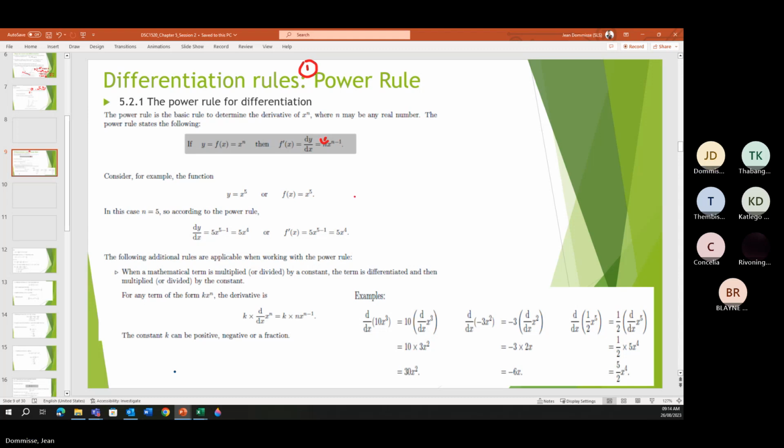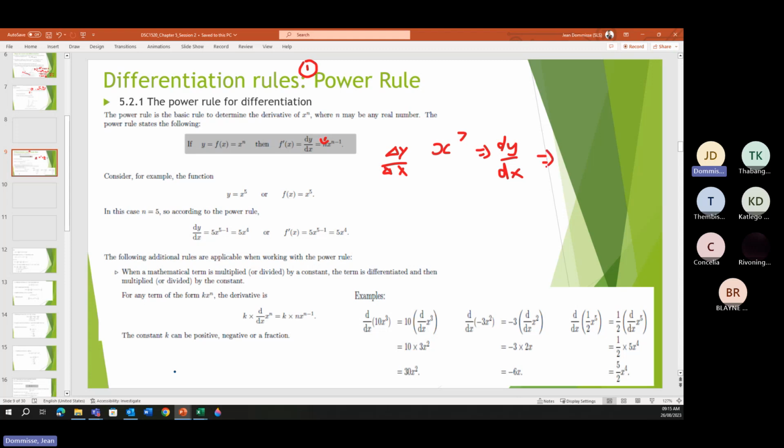So if we had x to the power of 7 and we differentiate it, dy/dx, there are a few ways that you can write it.